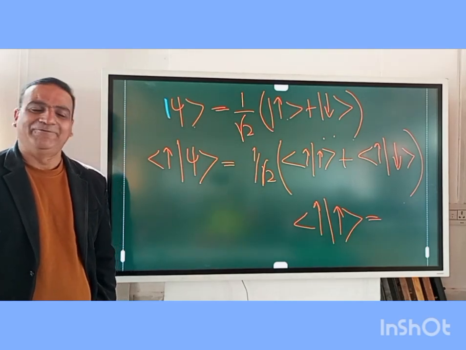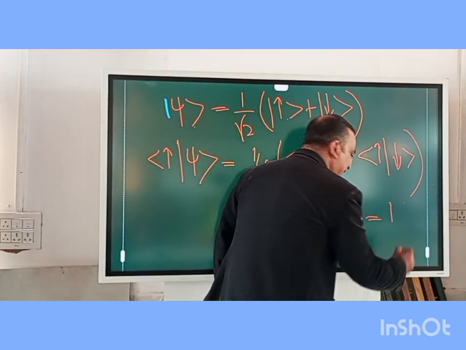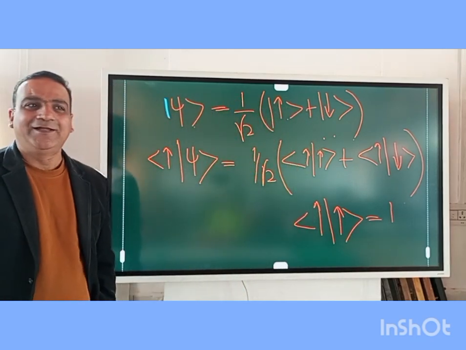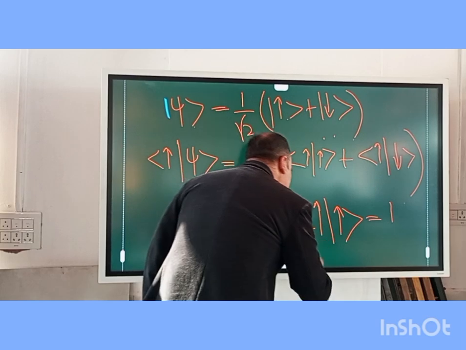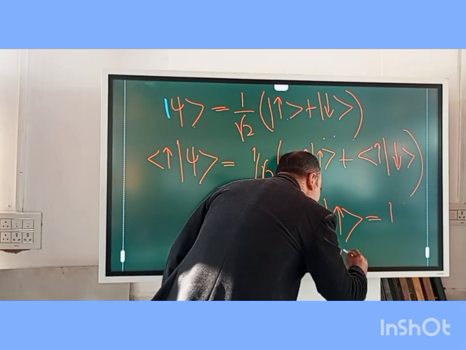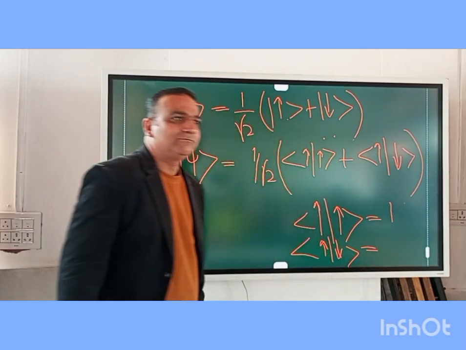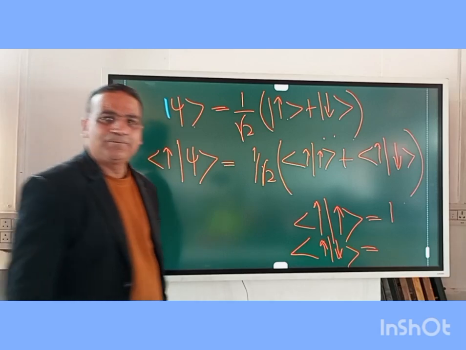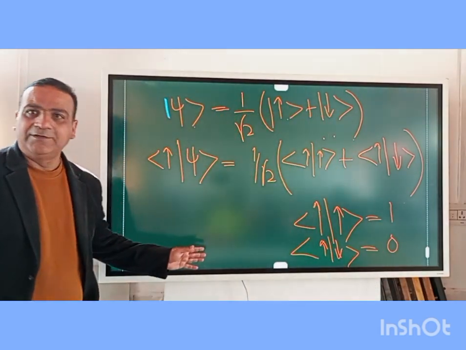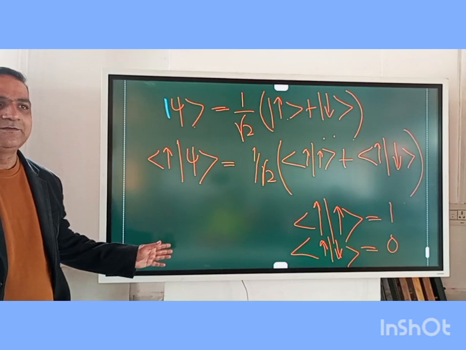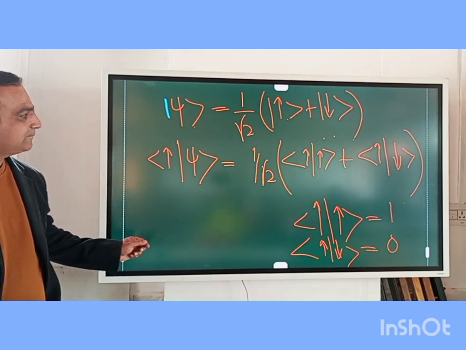Very good, this is equal to 1. This is your normalization. And what about spin up with spin down? This is 0. So what will I get? Have you written it down? Come on, do it fast.